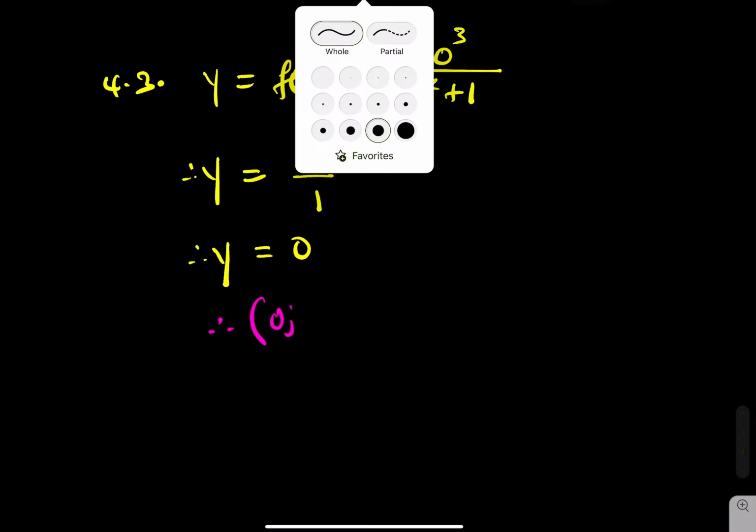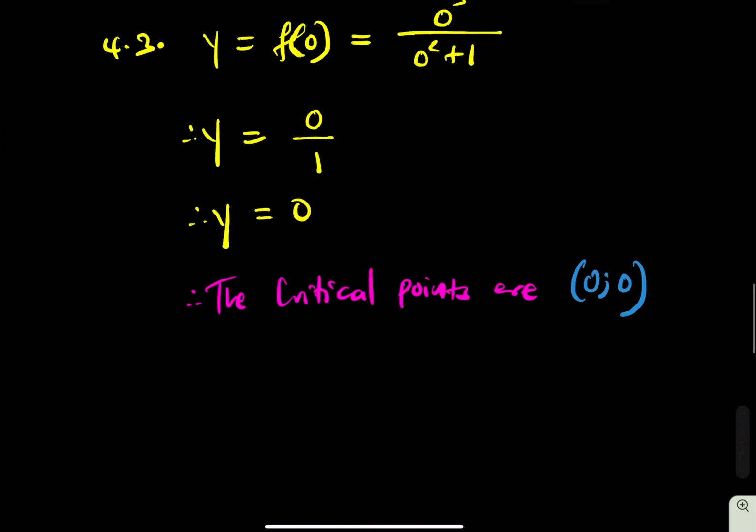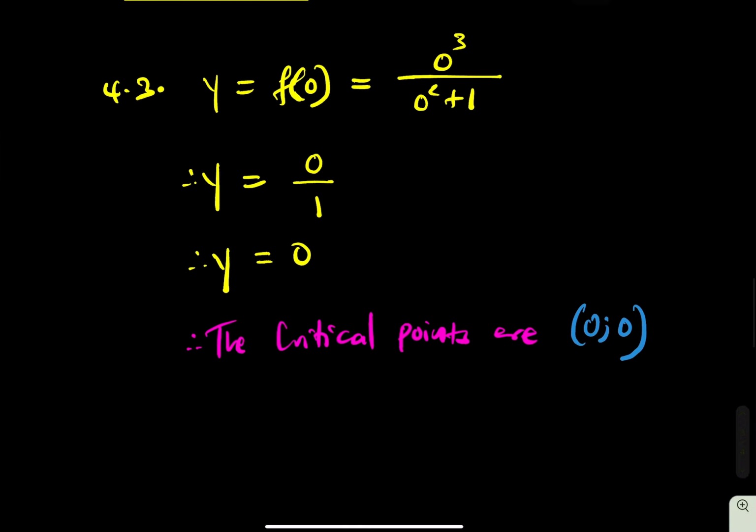Let me just put it here that these are the critical points. Therefore, the critical points are 0 when x is 0 and also when y is 0. You plug it into the original function to get the corresponding y value of the stationary point or the critical points there. So this is how you go about it.